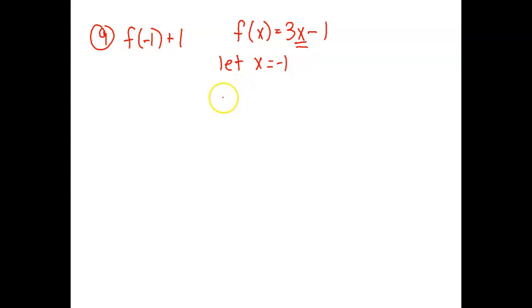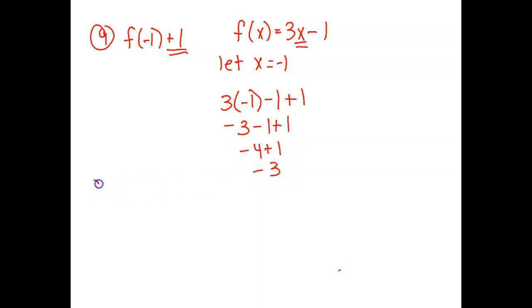So this is going to be 3 times negative 1 minus 1. But I'm adding 1 at the end, outside of the function, so I'm going to add it in just like that. So 3 times negative 1 is negative 3, minus 1 plus 1. So I've got a negative 4 plus 1, which is a negative 3. So f of negative 1 plus 1 is equal to negative 3.